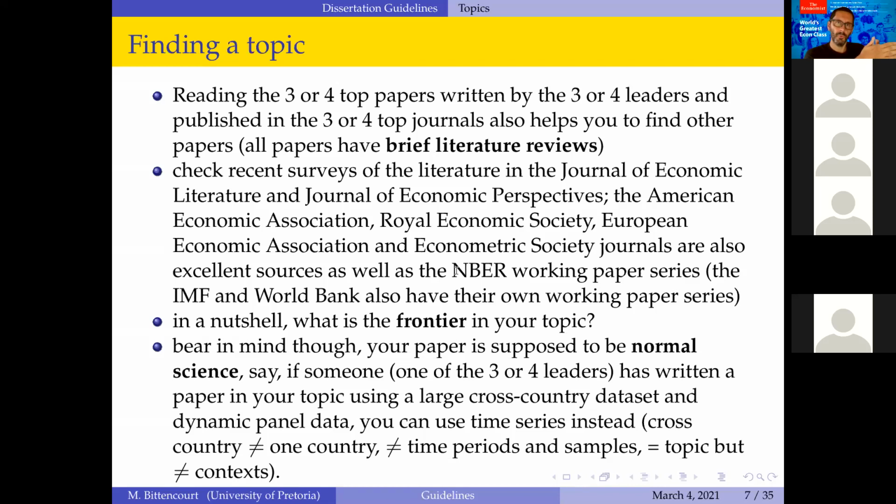Because those papers were so important, that material became part of textbooks. The same with Romer. Romer wrote a couple of fundamental papers in economic growth and R&D, and they became so important that eventually that material became part of textbooks. That's how things are done. So everything in textbooks was a paper at some point, okay?